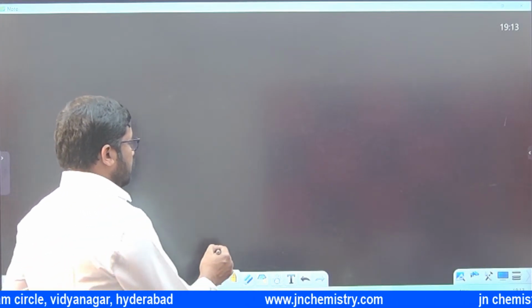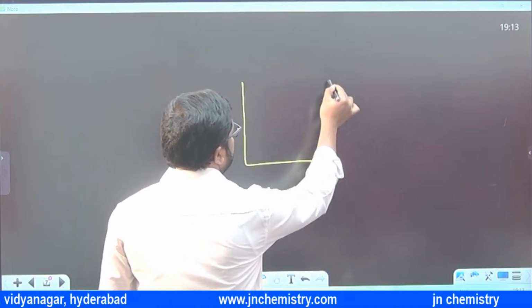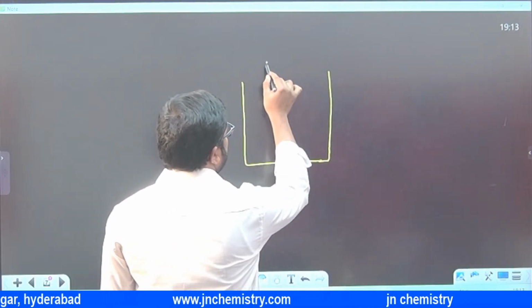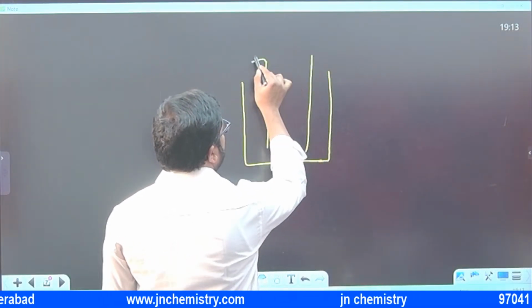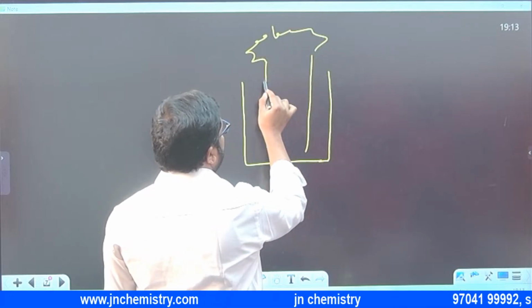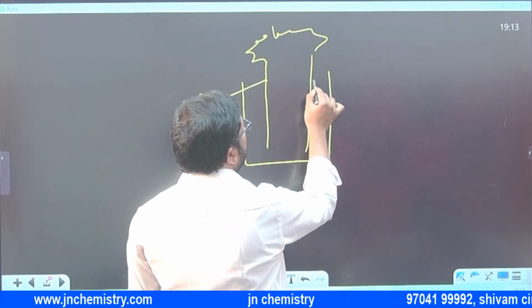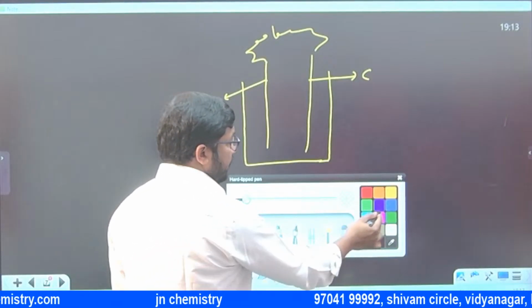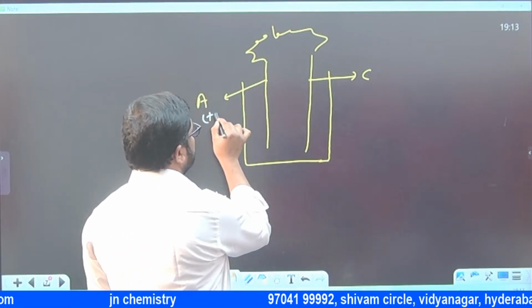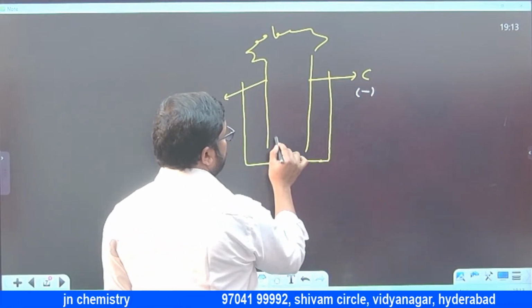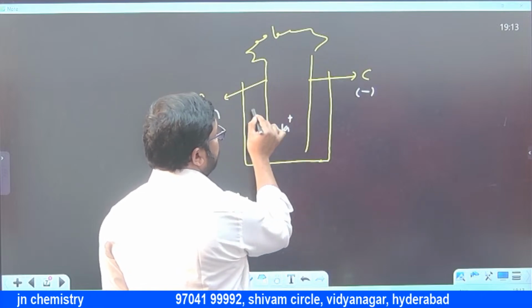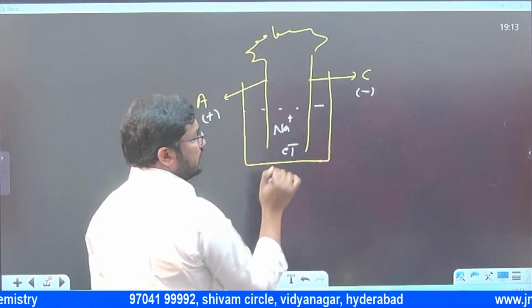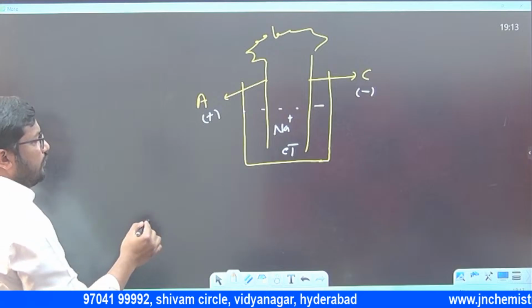For example, first imagine fused NaCl, with anode and cathode. Anode means positive charge, cathode means negative charge. NaCl is there in the solution as Na plus and Cl minus. At anode, which reaction takes place?